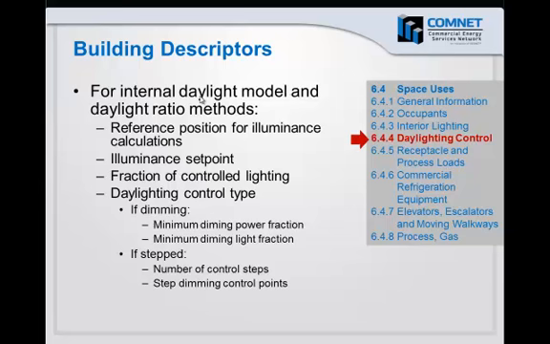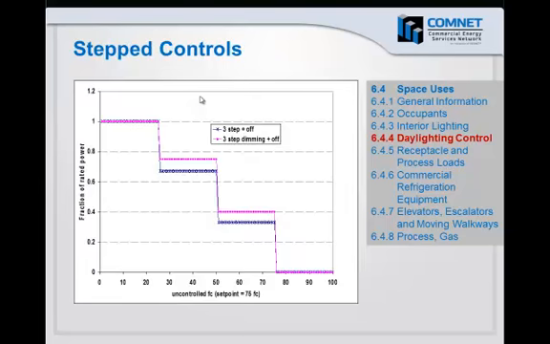step dimming control points. This is an example of a stepped control device, where the horizontal axis is the foot candles of illumination that are provided, and the vertical axis is the fraction of the rated power of the lighting that's actually on. So you can see that as the illumination level from daylighting increases, the lighting system gradually shuts down.